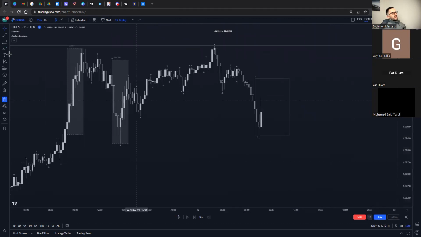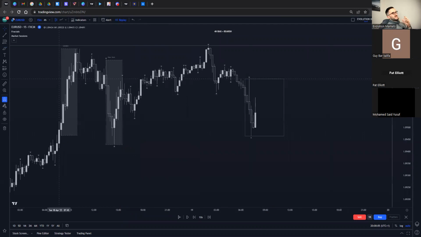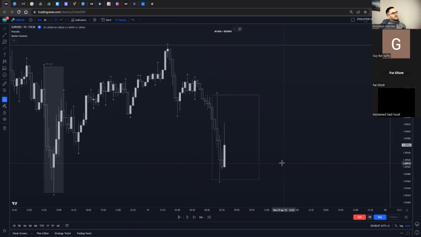I saw a few questions in the chat regarding these fractals left up here, random fractals to the left. If you've done the testing to back it up, then you could trade away from those. But in my opinion, from what I've learned, I prefer those most recent fractal points. They're going to be the most relevant, the most recent pools of liquidity in price.